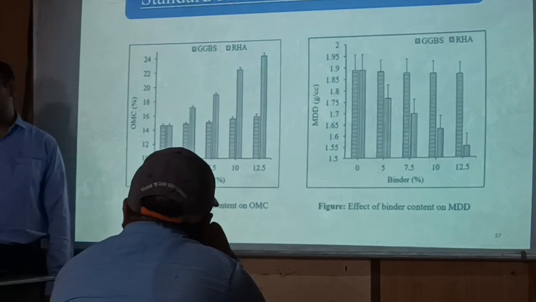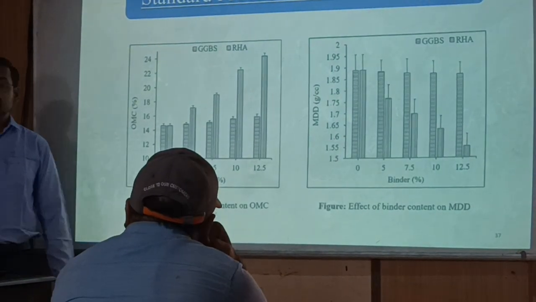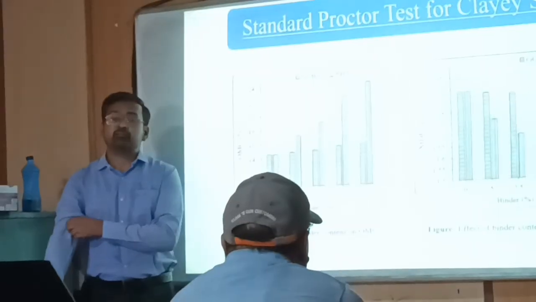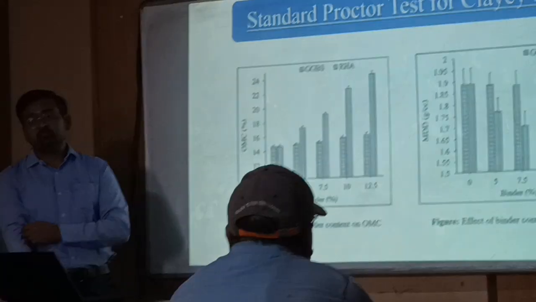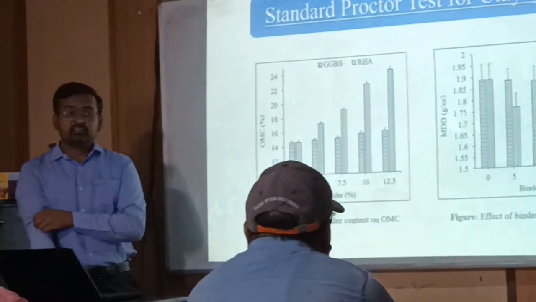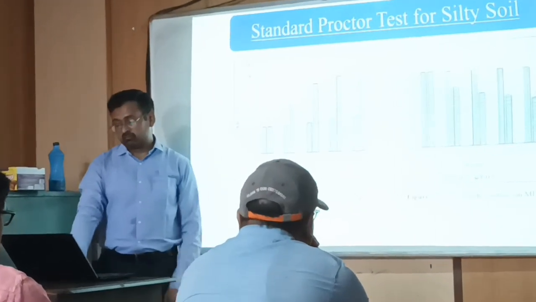The reason could be that RHA is highly porous, so it absorbs more water, increasing its OMC. MDD for RHA was lower for the same reason, as RHA is a light material with low specific gravity. Similarly, the standard Proctor test for silty soil was carried out, and almost similar trends were achieved.